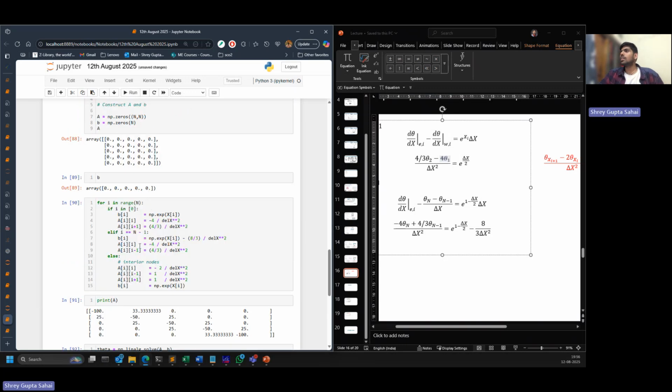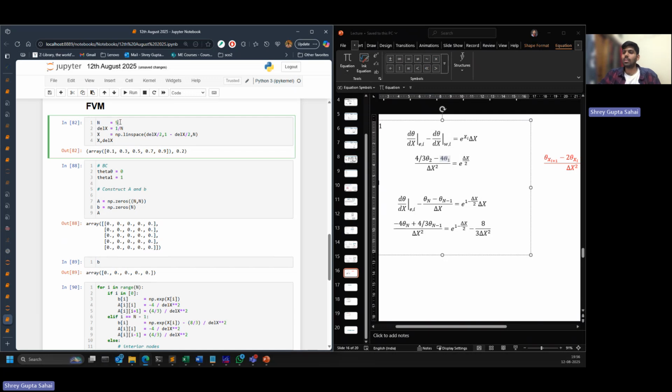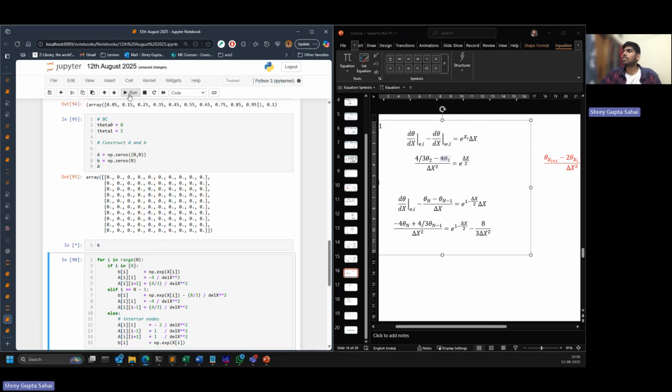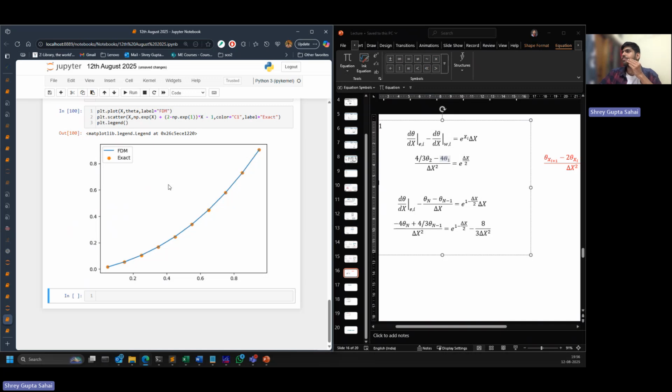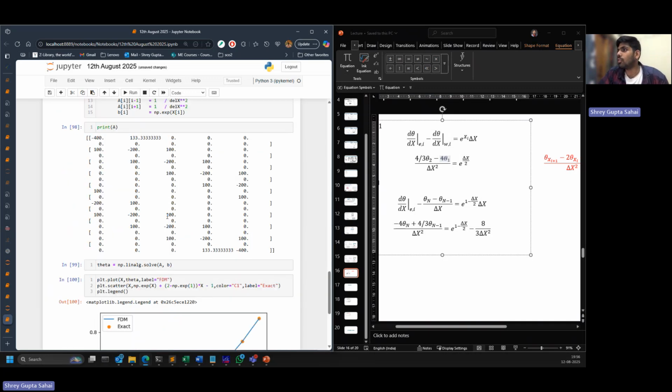Okay, see, so now this works well. Let me plot it. Similar stuff. So this is how you do the finite volume method, compared to the finite difference method. Let me plot this.